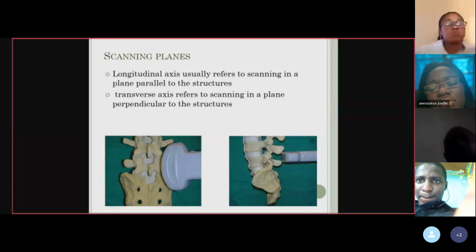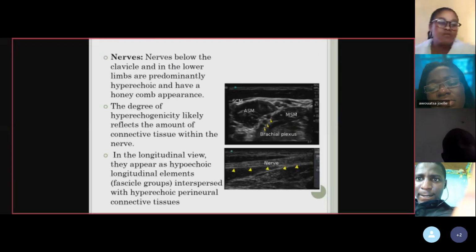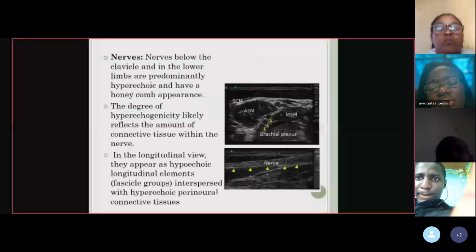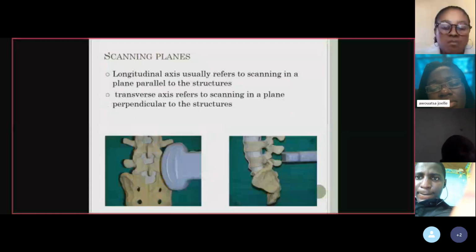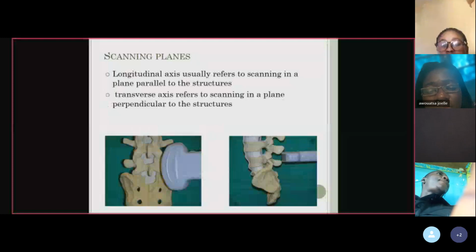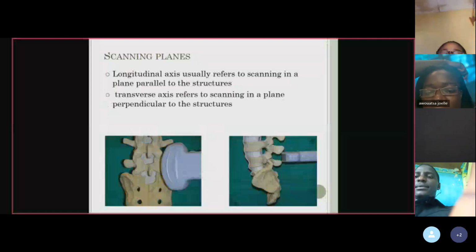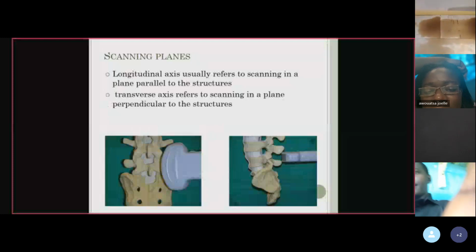Whereas in the transverse plane, we will keep the transducer perpendicular to that structure. Okay, so whenever your probe is parallel, it will be longitudinal plane, and whenever your probe is transverse, it will be perpendicular to that structure.